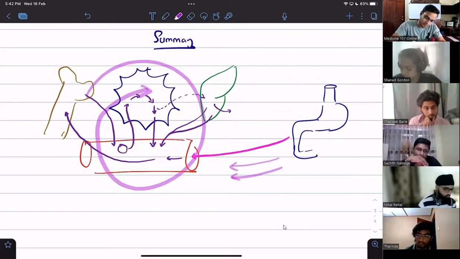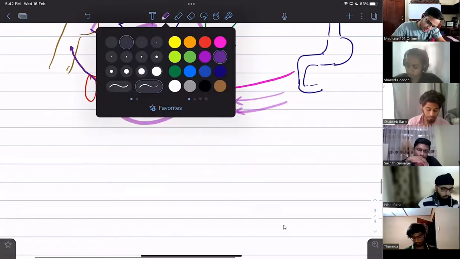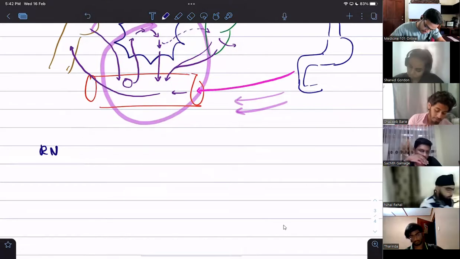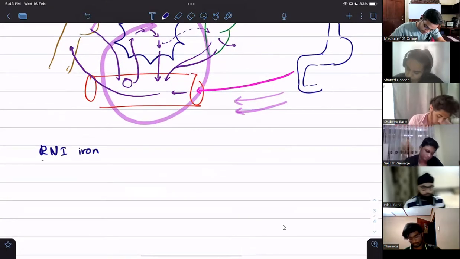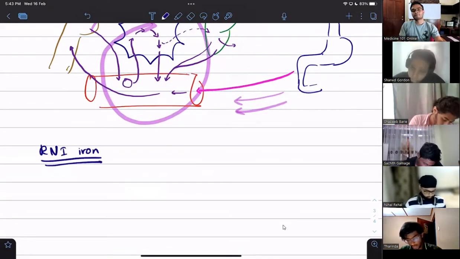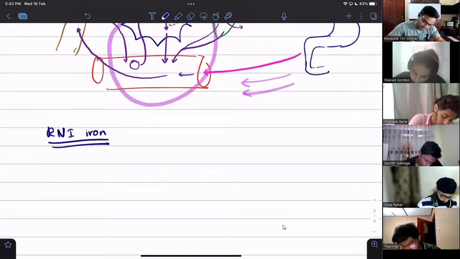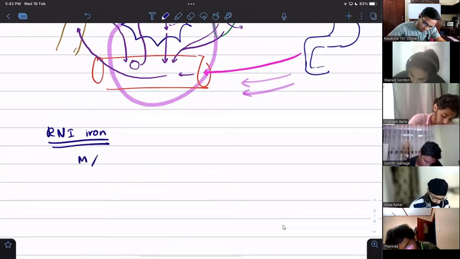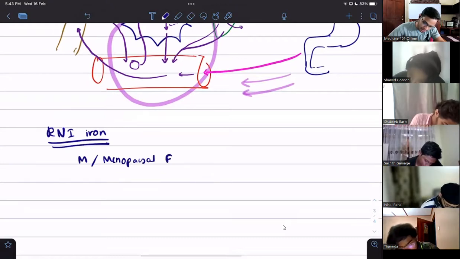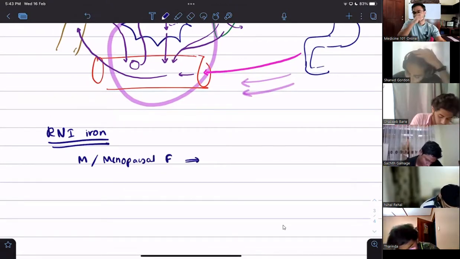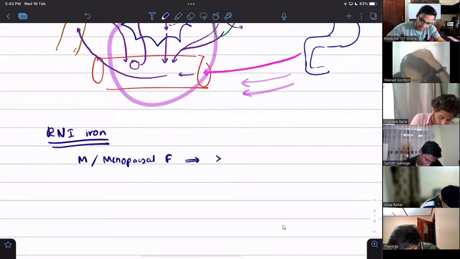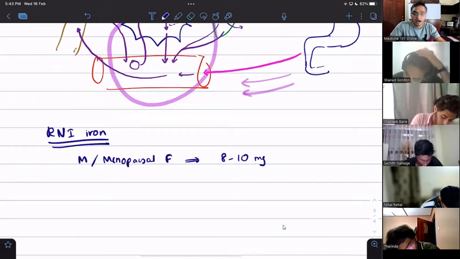You all can write this down, guys. Write this down. Recommended nutrient intake of iron. RNI of iron. Males or menopausal females, they need usually, just say, 8 to 10 milligrams of iron a day.